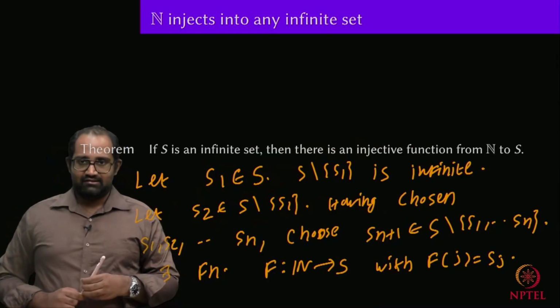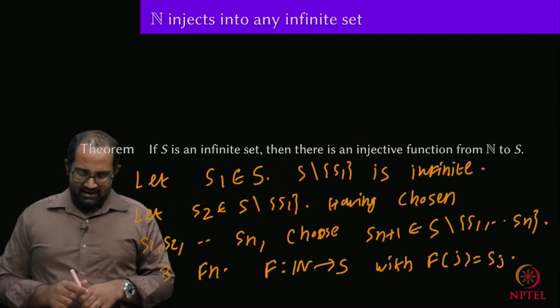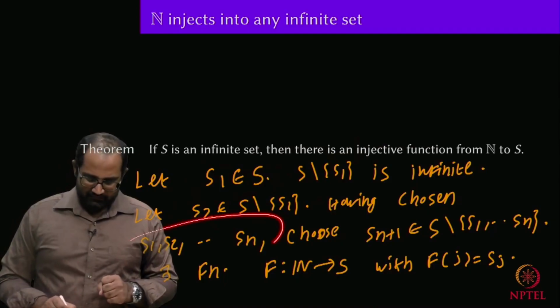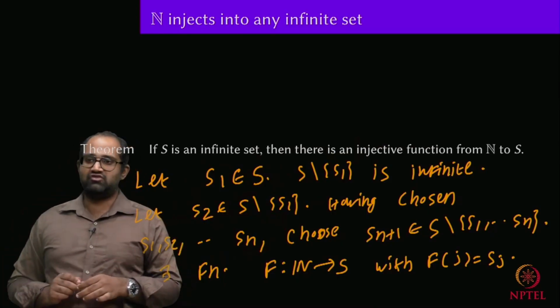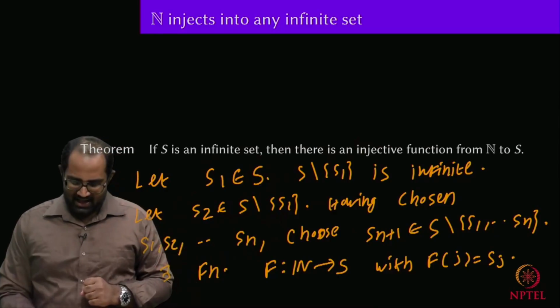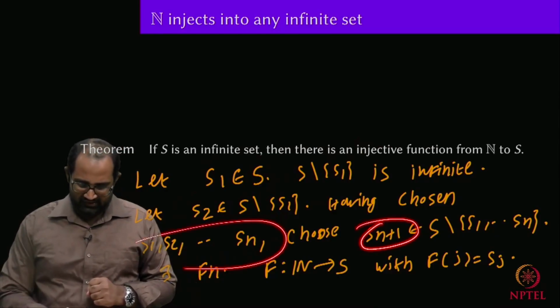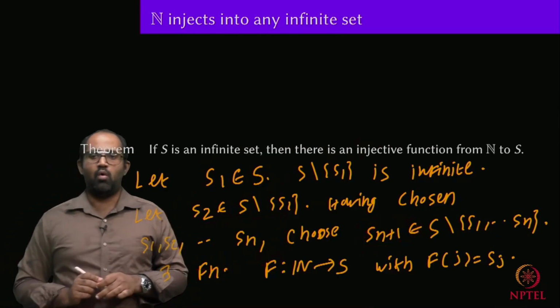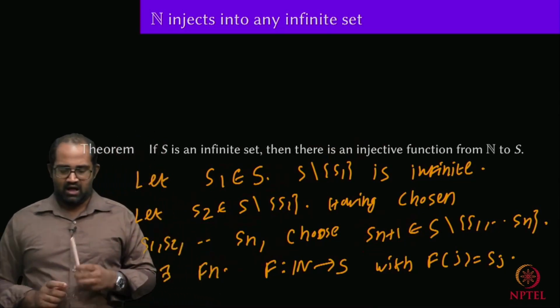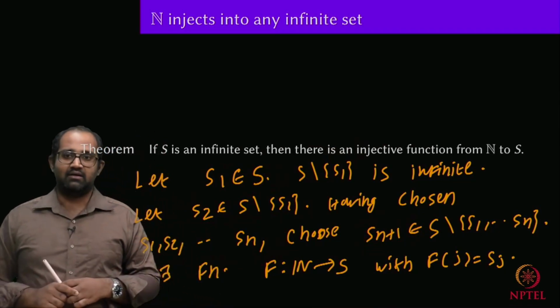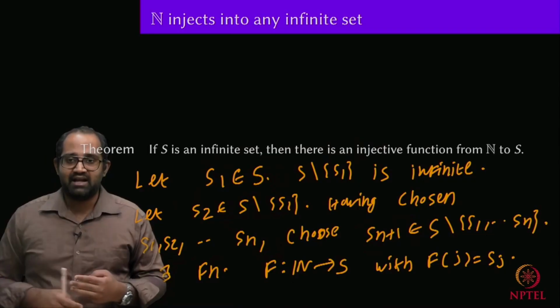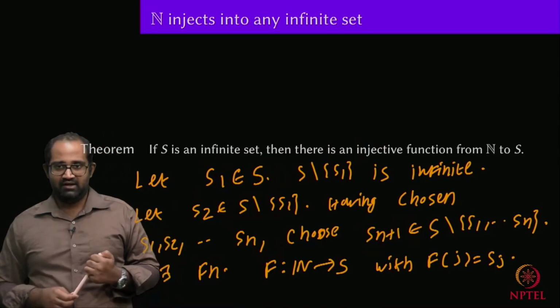The question is, even though the way I have written it, I am making a choice of Sn plus 1, having chosen S1 to Sn, what we are really asserting is that we can make infinitely many choices, right?